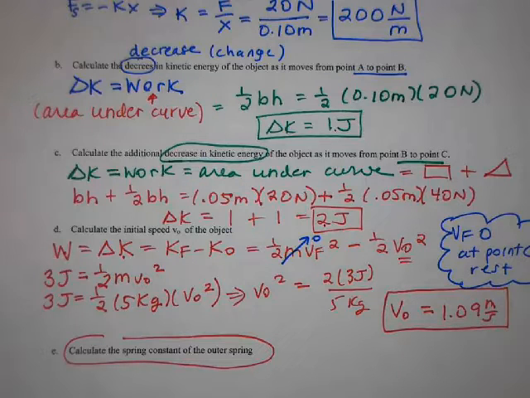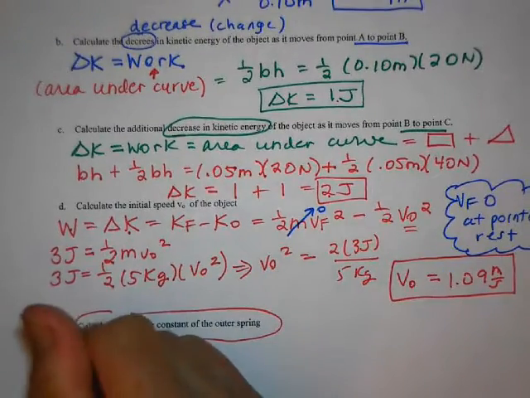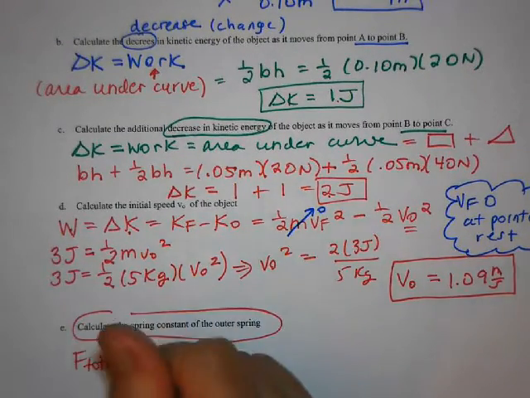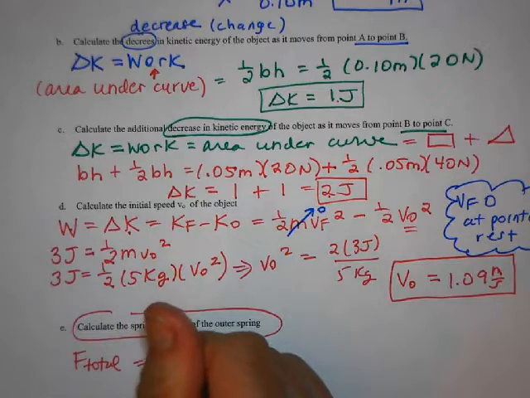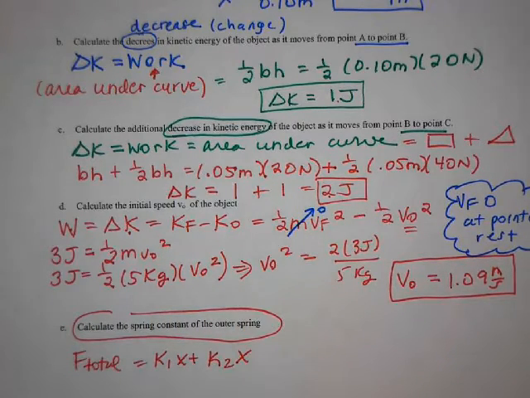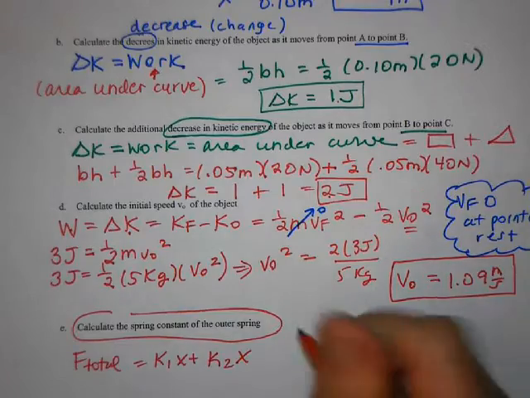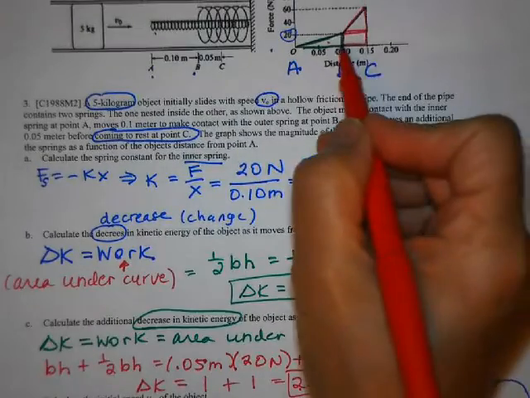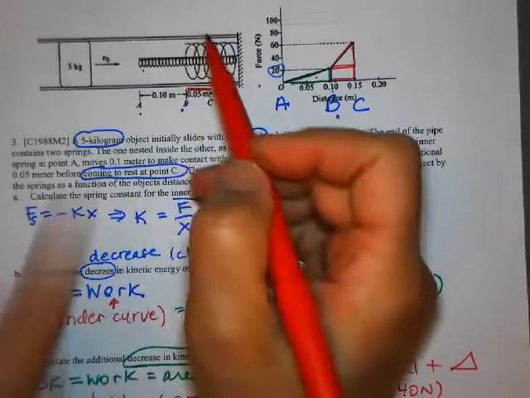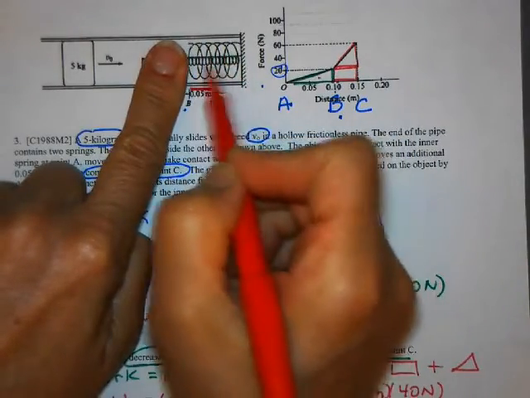Maybe you didn't learn about resistors. So here, F total, because they're being added together, is going to be k1x plus k2x, because between 10 and 15, between these 2 points, I have both springs together.